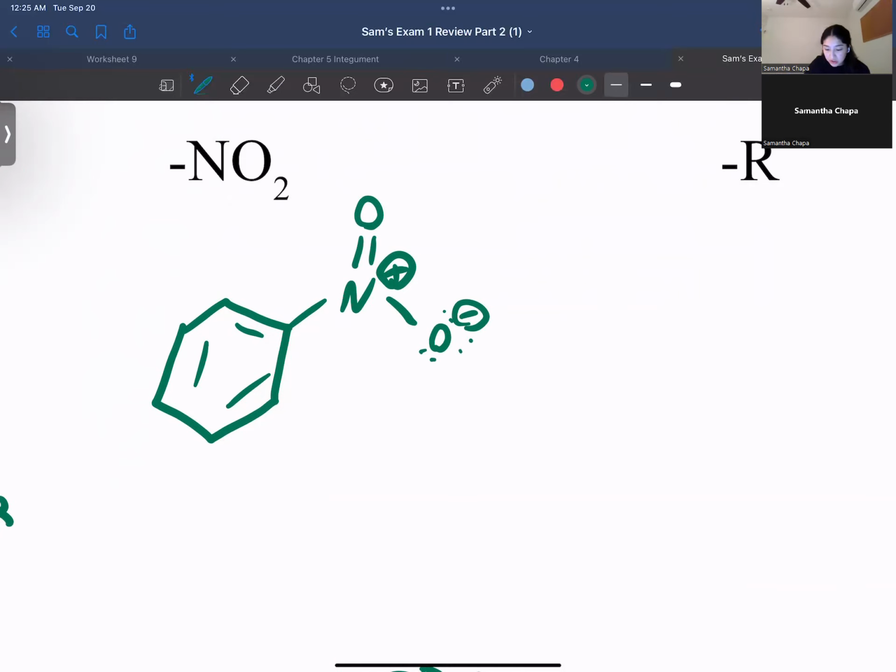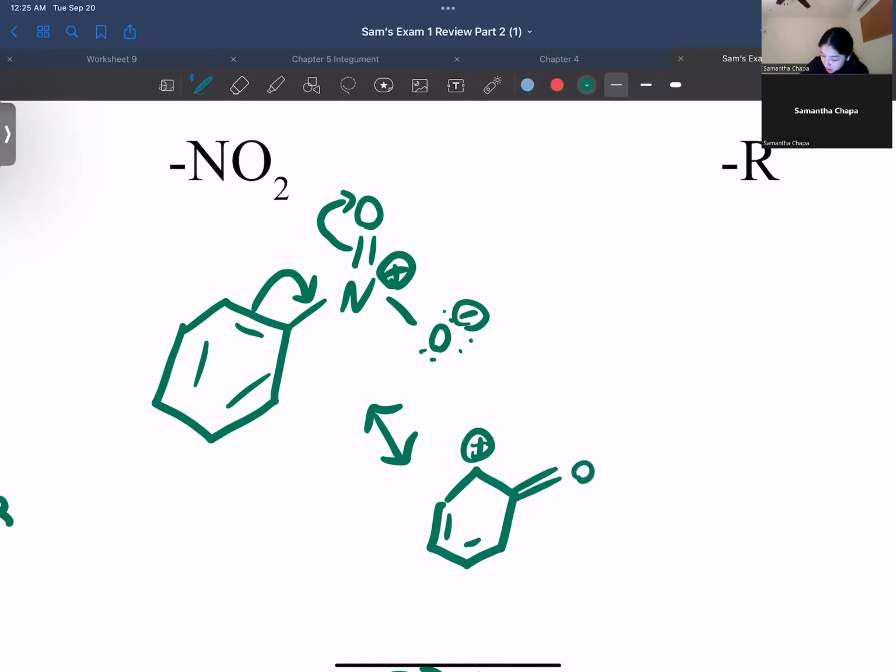So just know the structure, and that'll help you with determining whether it's electron donating or electron withdrawing if you don't remember on the test. And so again, we don't have an available lone pair because this is a positive nitrogen, so it doesn't have available ones. So we're resonating outwards, breaking that bond, resonating outwards. And my resonance form should look like this now, with a carbocation.